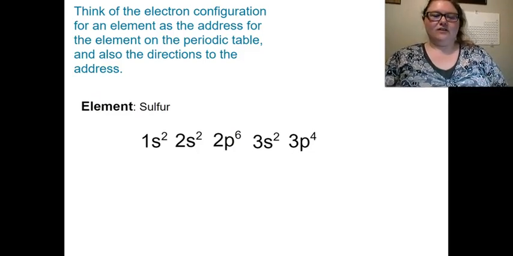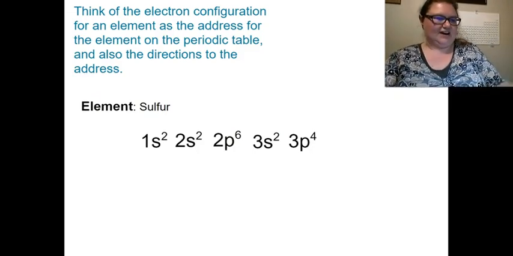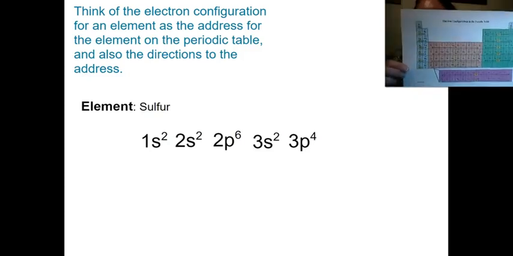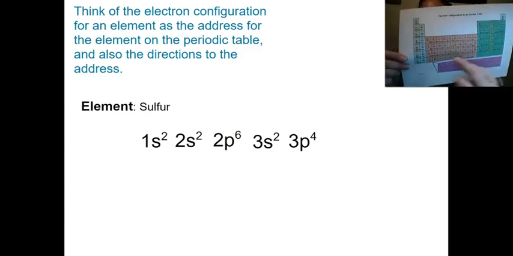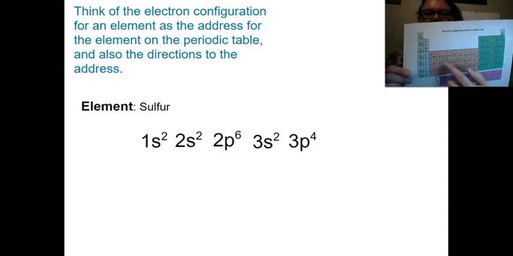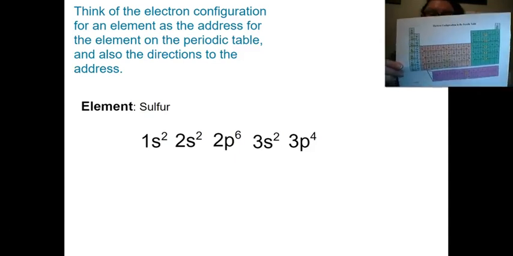Okay, so if we look at the element sulfur, go ahead and find it on a periodic table. It doesn't matter which one. I would suggest starting out to use this periodic table since the width of each sublevel block is pointed out to you and labeled so that we can follow along here as we get started.